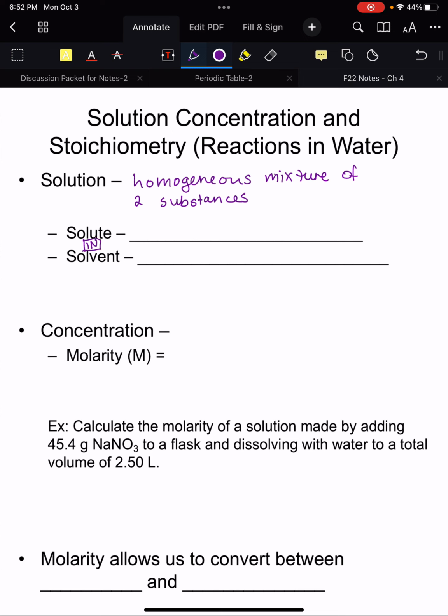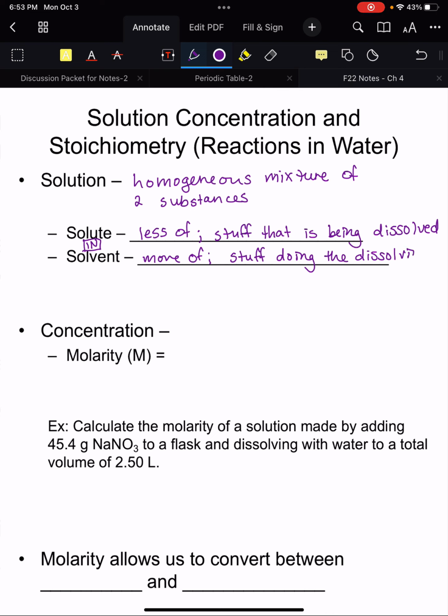The solute is the thing that we have less of. It's the minor component, the stuff that is being dissolved. So it's getting mixed into the solvent, which is the thing that you have more of, and this is the stuff doing the dissolving.